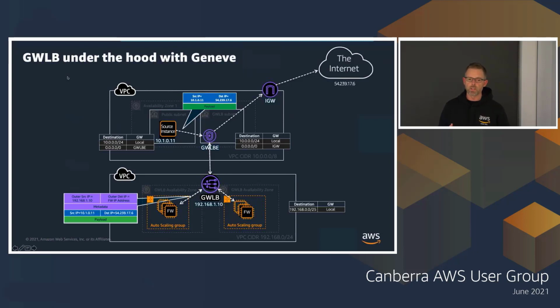The gateway load balancer encapsulates it in a Geneve header and puts another IP header on the top and sends that to one of the backend instances. The backend instance does what it does, whether that's inspect, firewall, what have you, sends it back to the gateway load balancer. Gateway load balancer pushes that packet back to the gateway load balancer endpoint, which then sends it on its way via the VPC routing table and off to the internet.